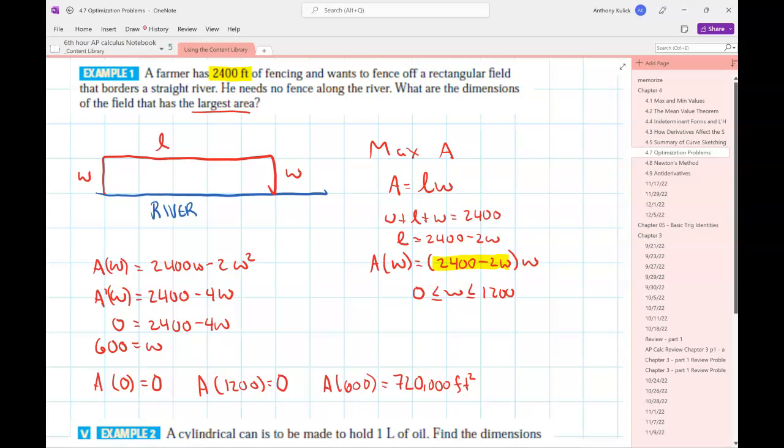So which one of those constitutes the maximum? A of 600. So the question's asking, though, for the dimensions. So we know that W is 600 feet. How do I find the length?